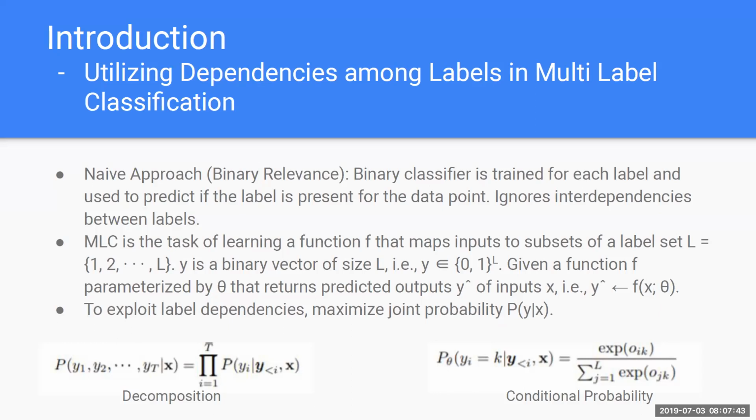Your joint probability is going to be decomposed into the product of the probability of the first label, times the conditional probability for the second label, and so on and so forth. So it's basically going to be propagated. For the conditional probability in this example, they've used a softmax function on the output of the function.